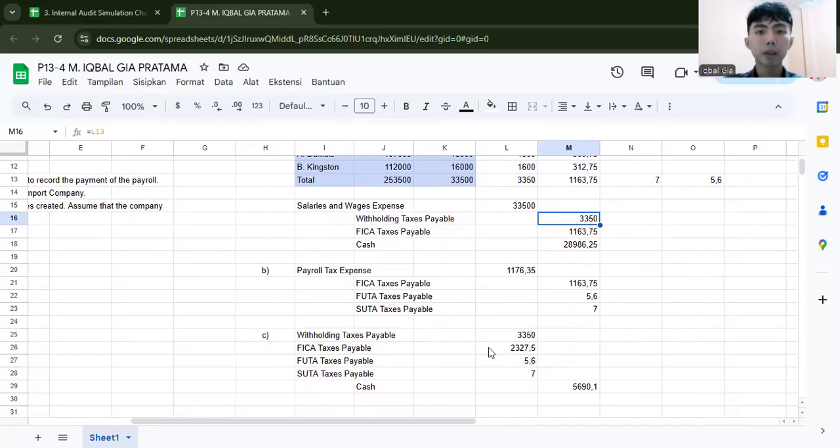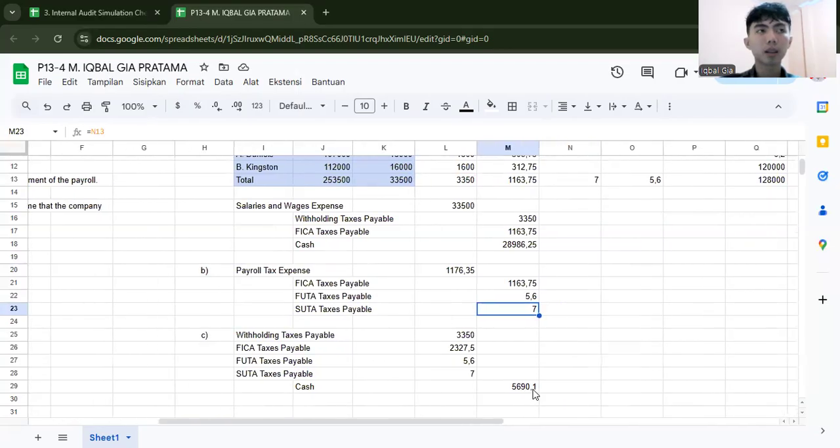And FICA taxes payable, because there are two FICA taxes payable, so we will multiply them. So we got this number, and FUTA taxes payable right here, and SUTA taxes payable right here, and we will get cash for the credit on the other hand for this number.